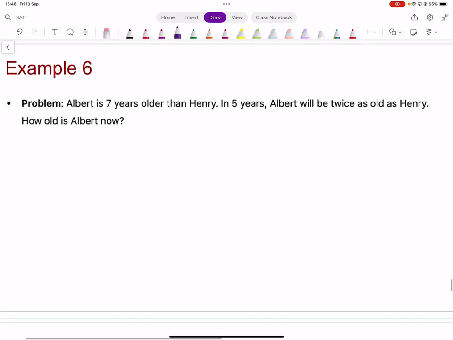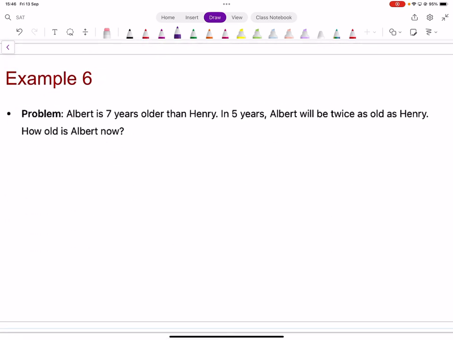Okay, let's try another one. Albert is 7 years older than Henry. In 5 years, he will be twice as old as Henry. How old is Albert now?